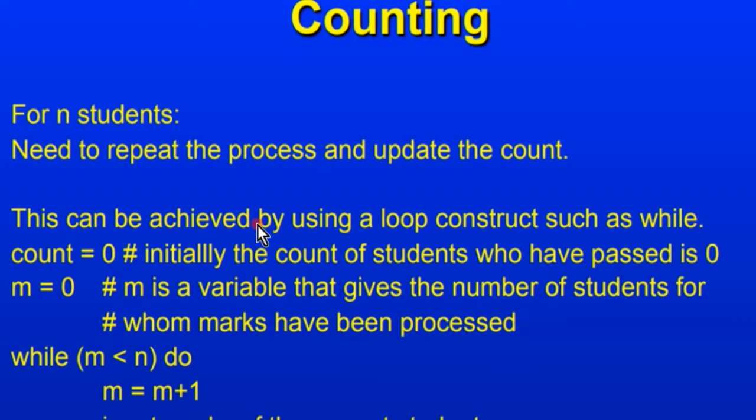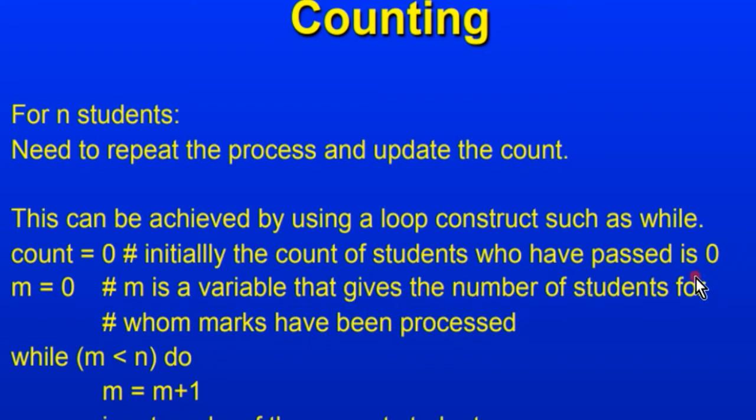The counting process, maybe for n students, we need to repeat the process and update the count. This can be achieved by using a loop construct such as while. Even you can take for, while or do while. First, we will take count equal to 0.